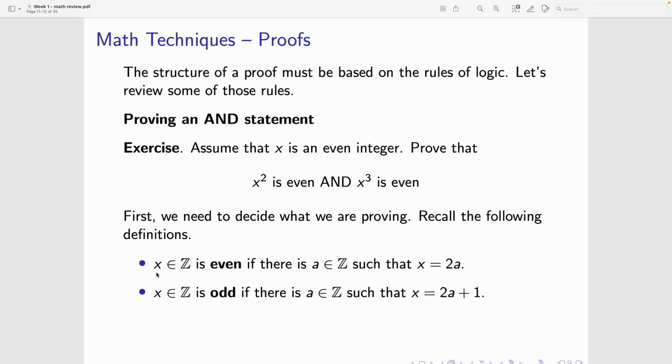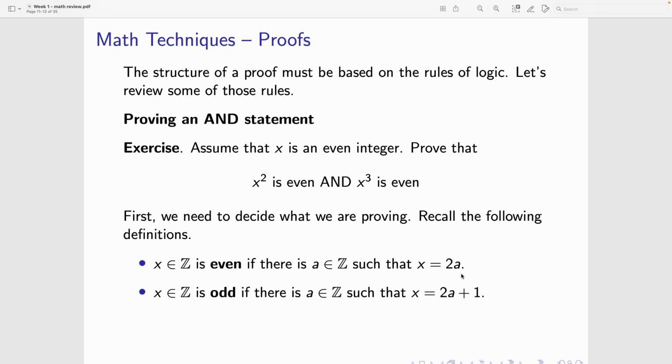So x, which is an element of the integers, is even if there exists a, an element of the integers, or more naturally, if there is an integer a such that x equals 2 times a.